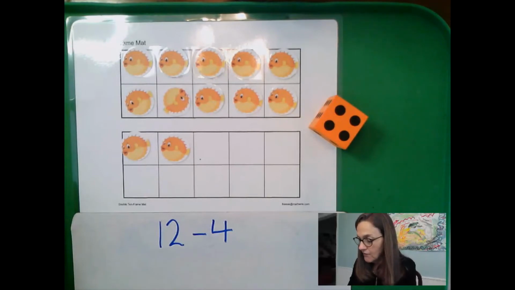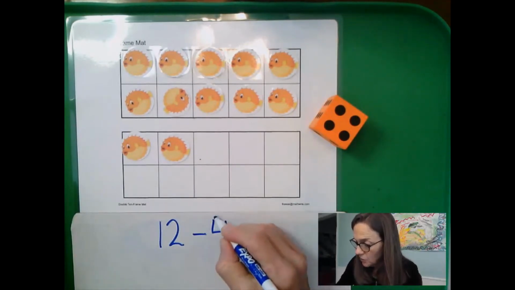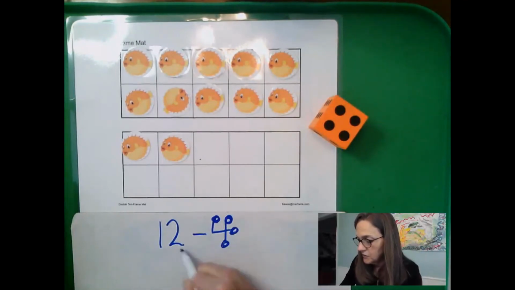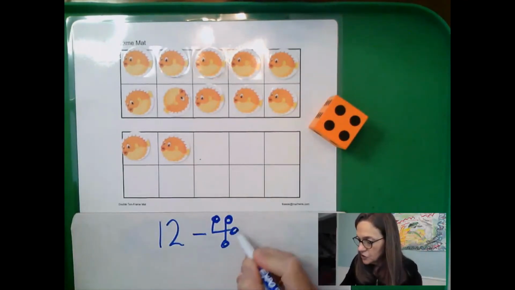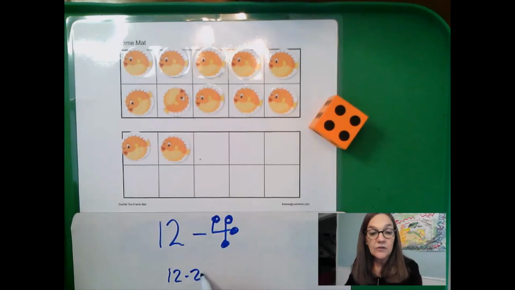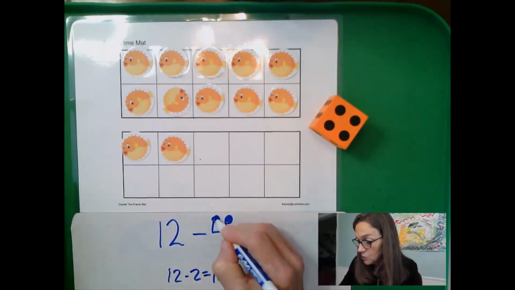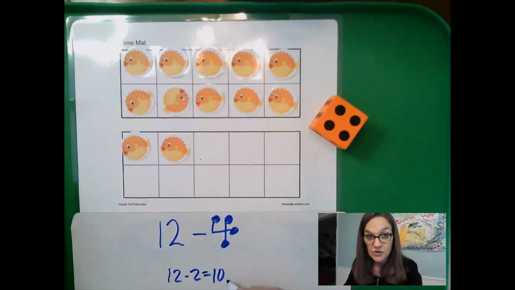So 12 take away 4, think about backing this up 2, and if you back this up 2 more, because remember that your 4 is 1, 2, 3, 4. So if you back up 2 of the spots, that gets us 12 minus 2 is 10. And then if we back up 2 more, which we need to, then 10 minus 2 is 8.